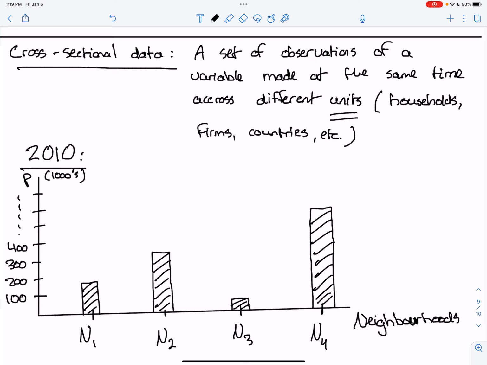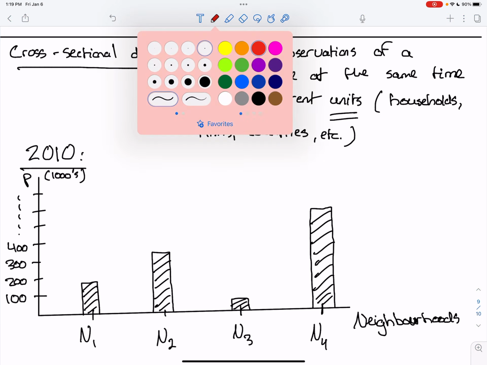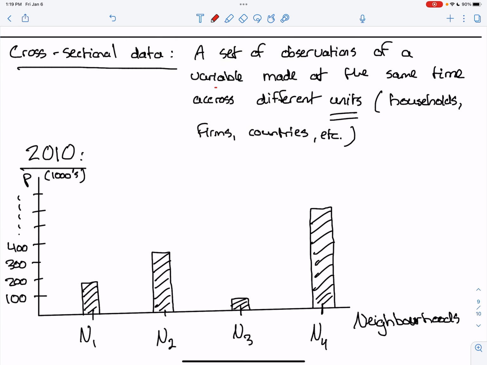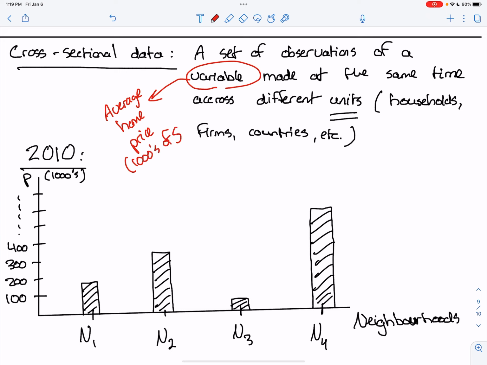Our one variable in this case is average home price in thousands of dollars, made across different units. And the units are the neighborhoods. Neighborhood 1, 2, 3, and 4.